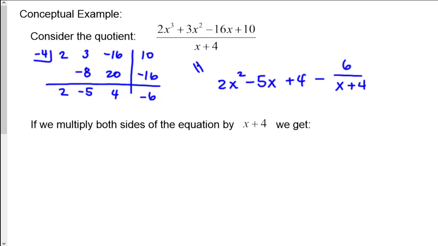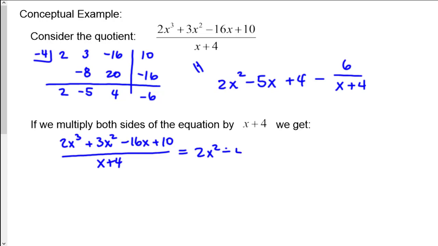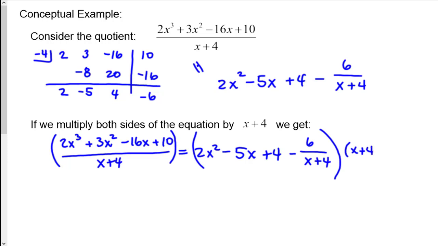So if I take 2x cubed plus 3x squared minus 16x plus 10 all over the x plus 4, and I'm saying that's equal to this right here, I'm multiplying both sides by the quantity x plus 4.